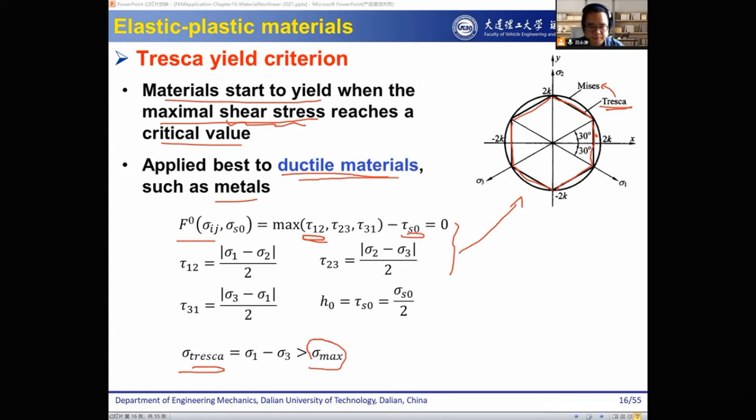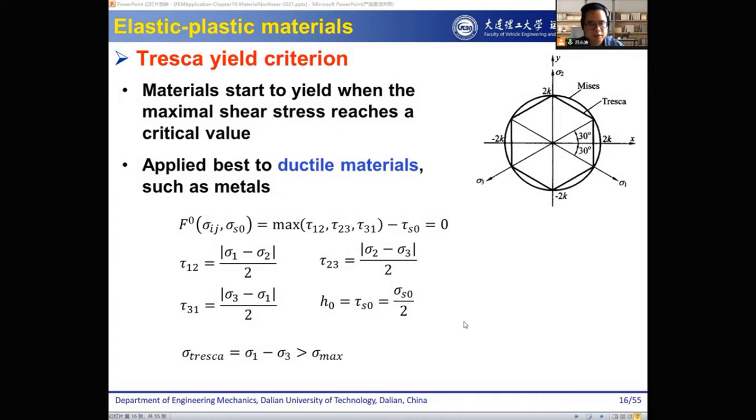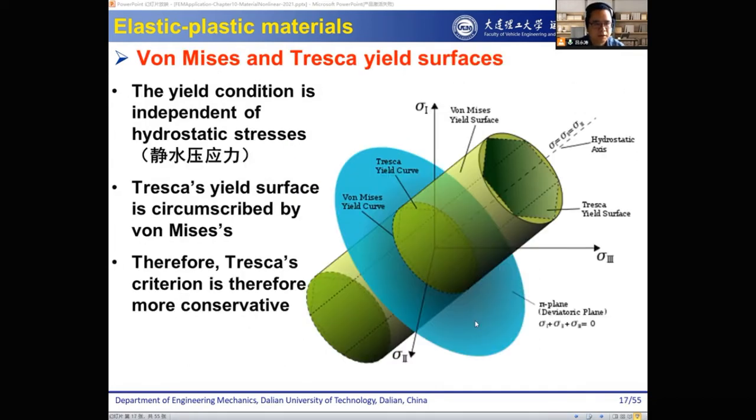Sometimes you can use one criteria to replace the other one, but the Tresca is more conservative. So now let's have a look at the comparison between these two yield surfaces. The yield condition is independent of hydrostatic stress.